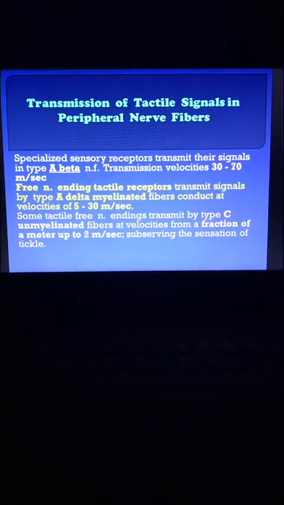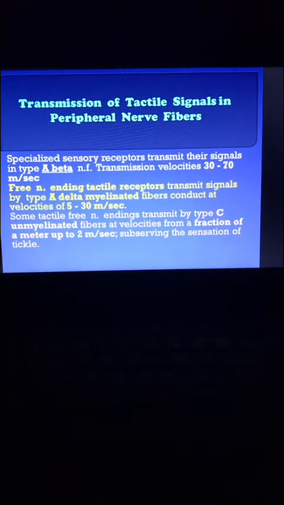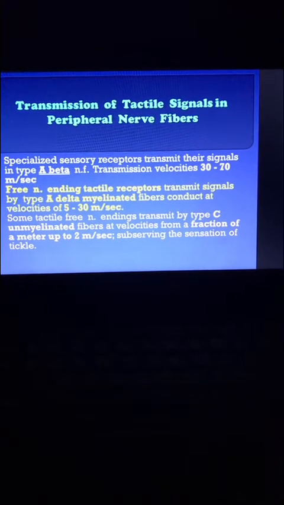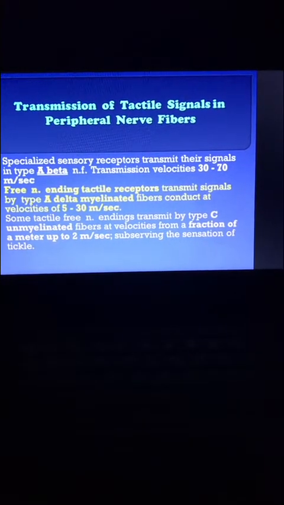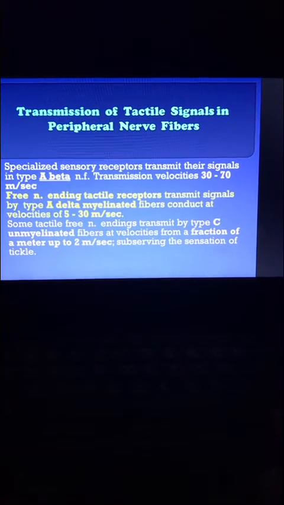Some tactile free nerve endings transmit by type C unmyelinated fibers at a velocity of a fraction of a meter, up to a maximum of 2 meters per second.